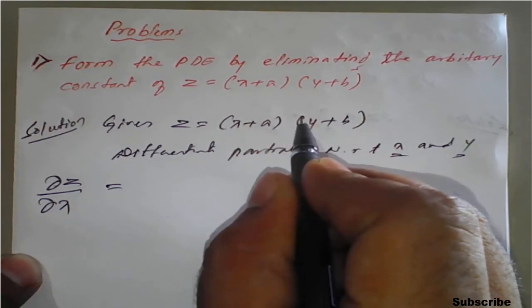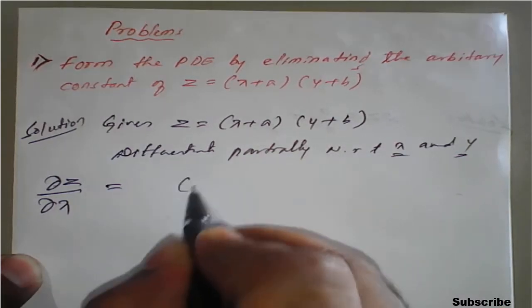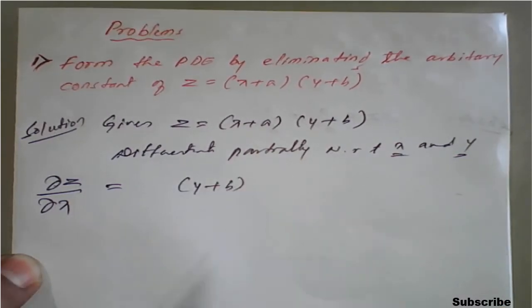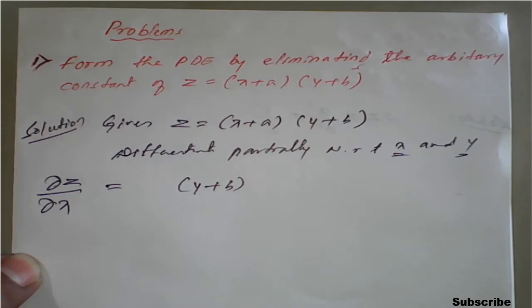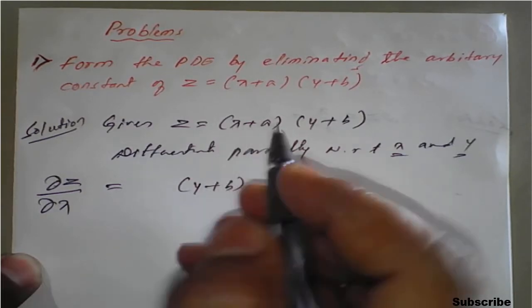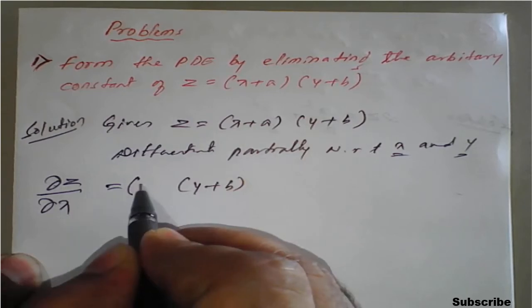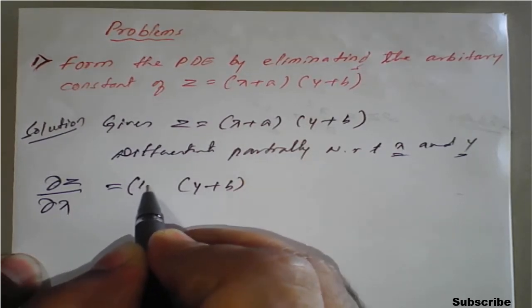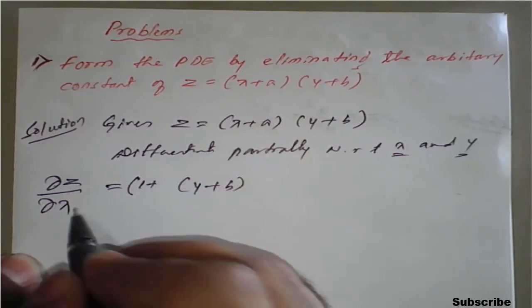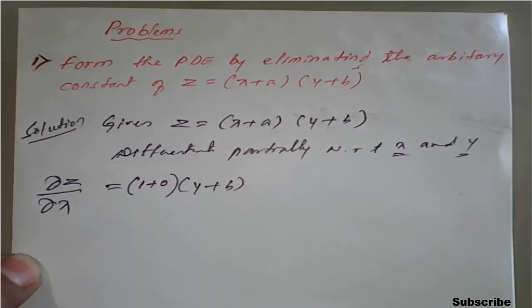Here we can see that y plus b is purely constant. So we need to differentiate this: differentiation of x with respect to x is 1, plus differentiation of a with respect to x, which is constant, 0.